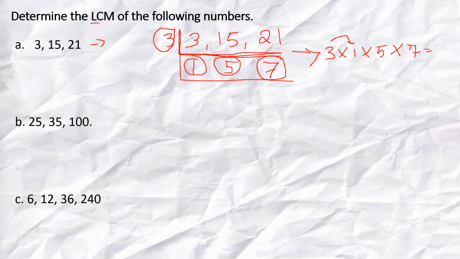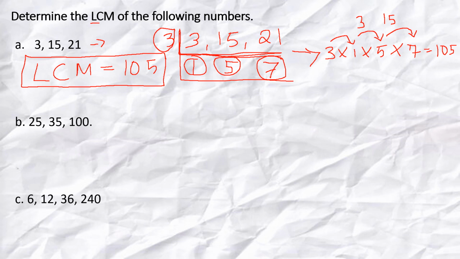So 3 times 1, we have 3. 3 times 5 is 15. And then 15 times 7 is 105. So therefore, the LCM of 3, 15, and 21 is 105.